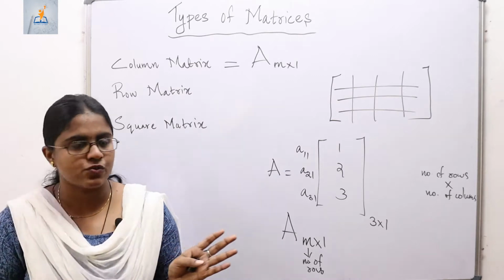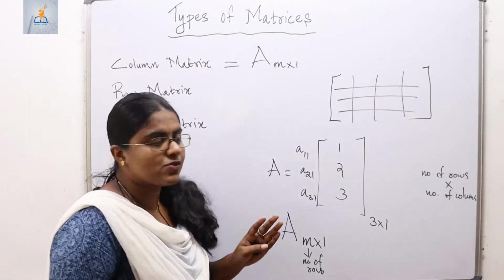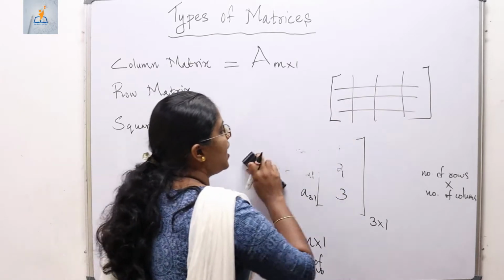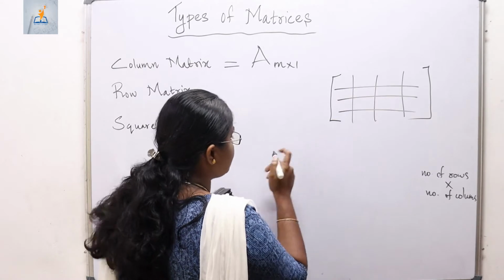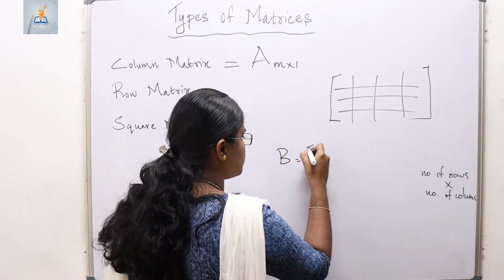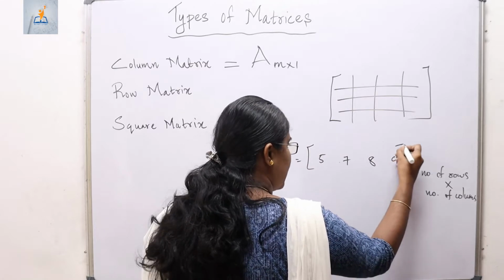Moving on to the next one, what is a row matrix? Now you can guess what will be the definition of a row matrix. So consider the matrix B equal to 5, 7, 8, 9.